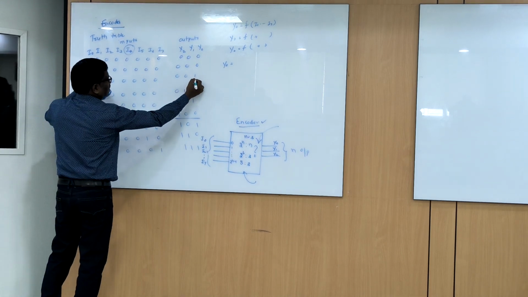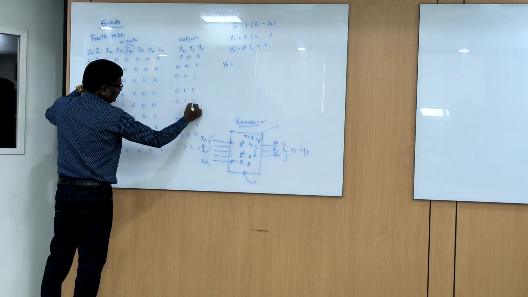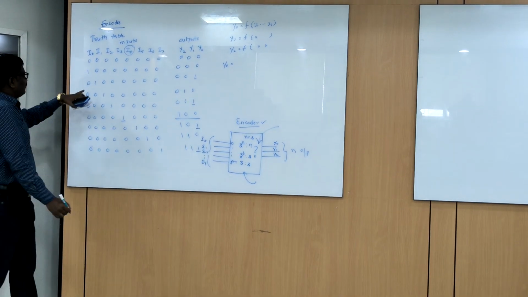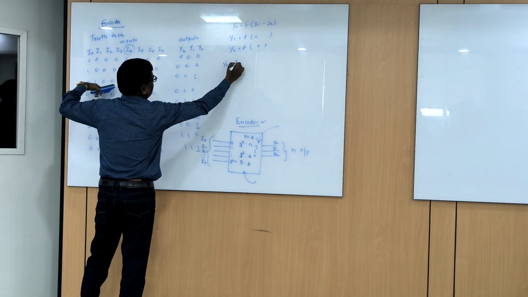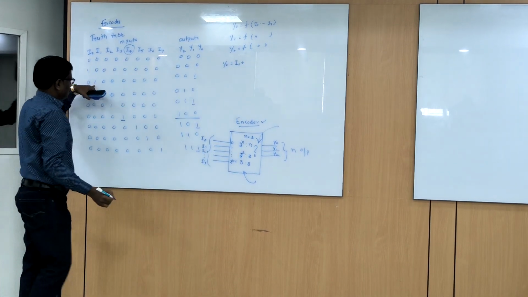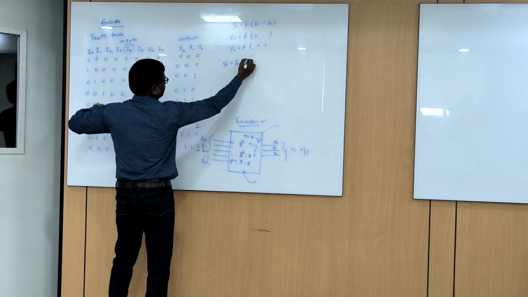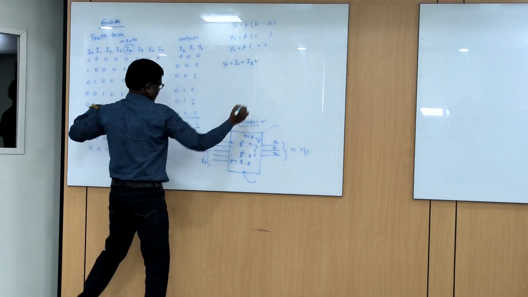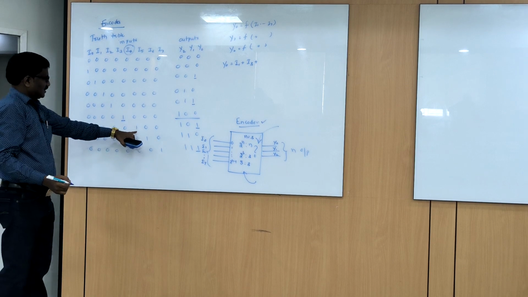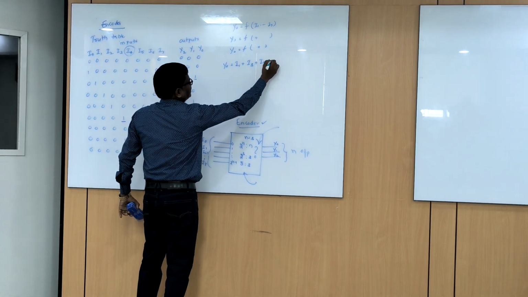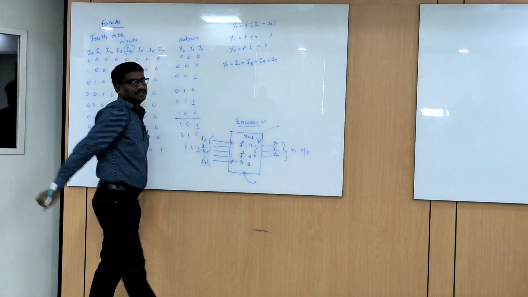Y0 is 1 here, here, here and here. So it is I1, or I3, or I5, plus I7.